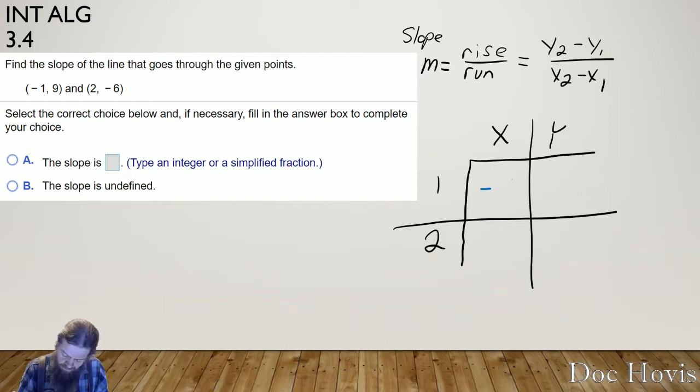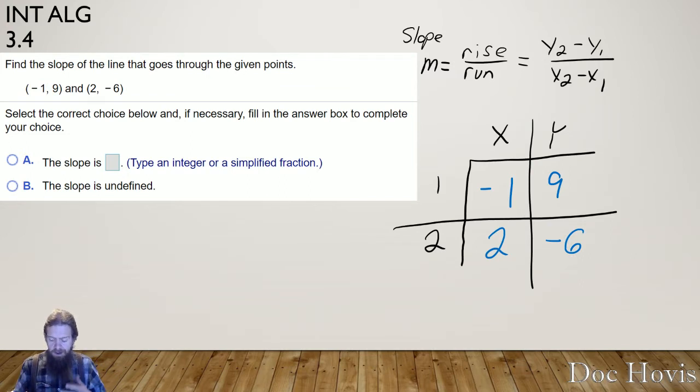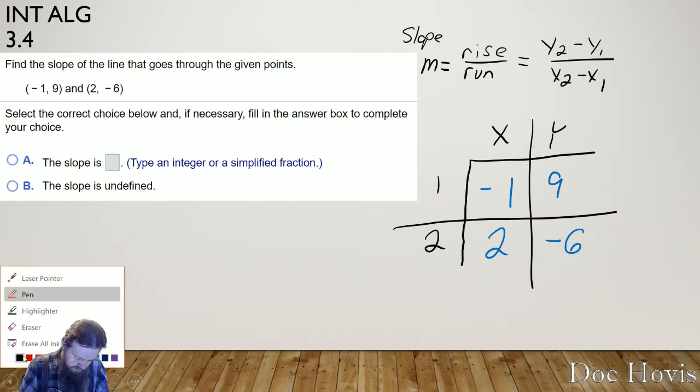So this is point 1, negative 1, 9. I swapped the numbers around. I wasn't paying attention. And this is my second point 2, negative 6. So this chart kind of helps me identify what's my x1, what's my x2, what's my y1, what's my y2. You want to use it, great. If you don't want to use it, I don't really care. It's just something I've been doing the last couple of years. It does help some people.